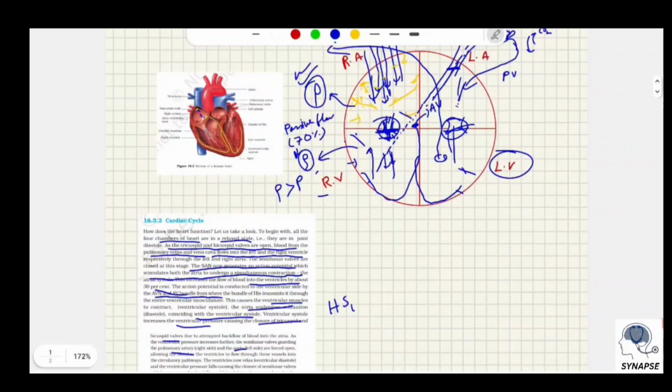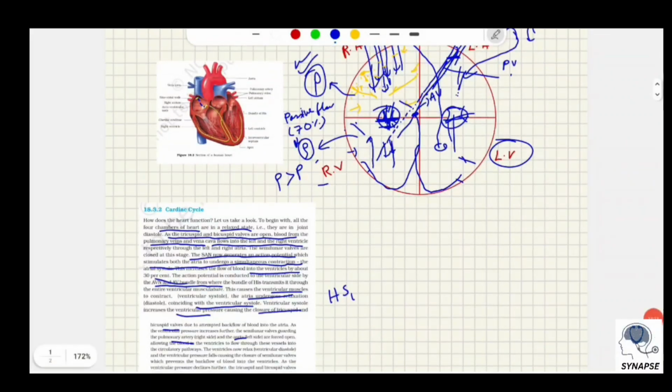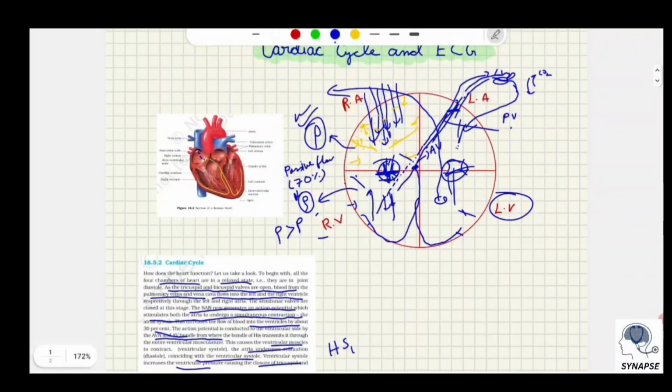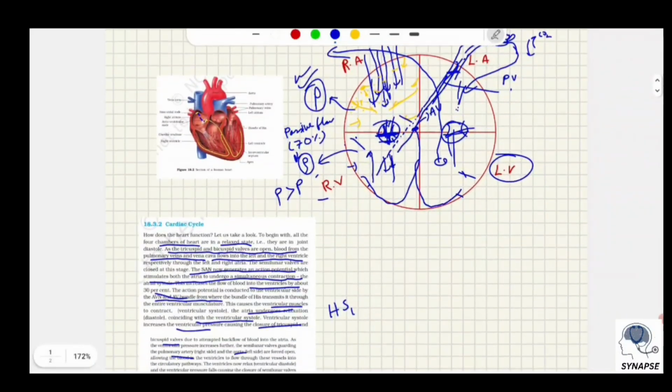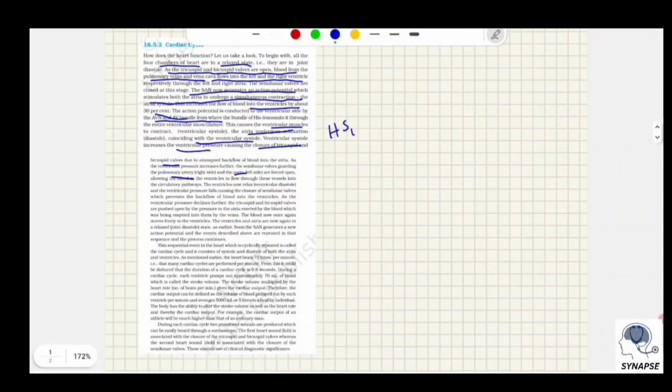The pressure which was forcing the valves open is now lower than that in the aorta and pulmonary vessels, and due to the attempted backflow of blood, or the pressure difference, the semilunar valves close, producing the second heart sound, HS2.